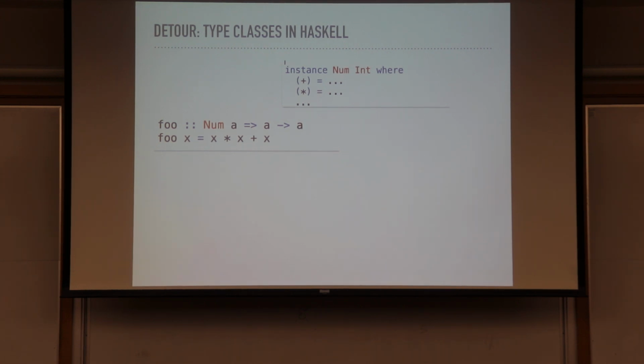Does anyone know what the compiler does? If I have a function like this foo, which has the type: given something of type class Num, returns something of type class Num, what does it translate this function to?